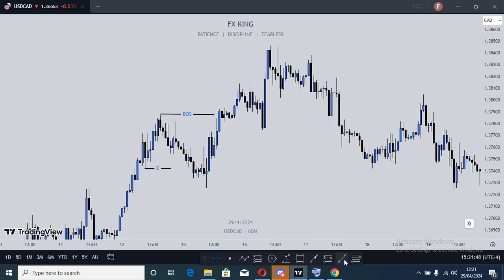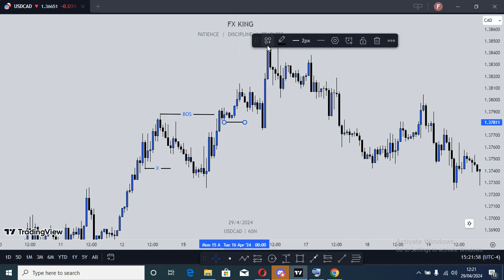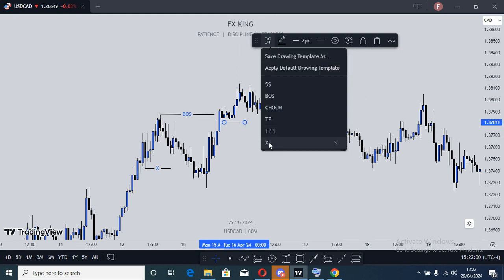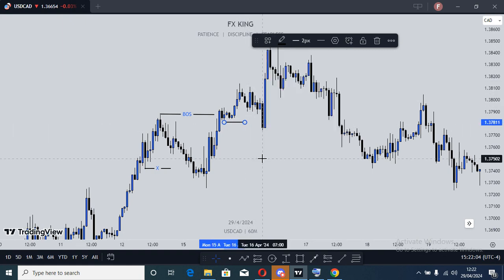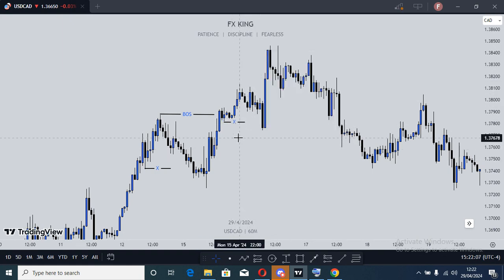We mark this as our inducement at this point, because the first pullback after a break of structure is known as inducement, the last pullback on this leg to the upside.